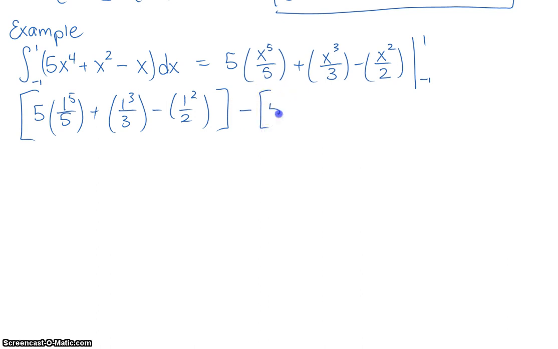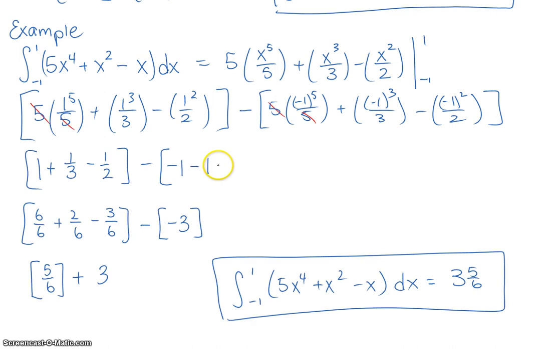Subtracting, we then plug in our -1 in this case, so -1 to the fifth over 5 plus -1 cubed over 3 minus -1 squared over 2, and that's our f of a. So as you can see, when we cross out everything and simplify, the integral from -1 to 1 of their function is going to be 3 and 5/6.